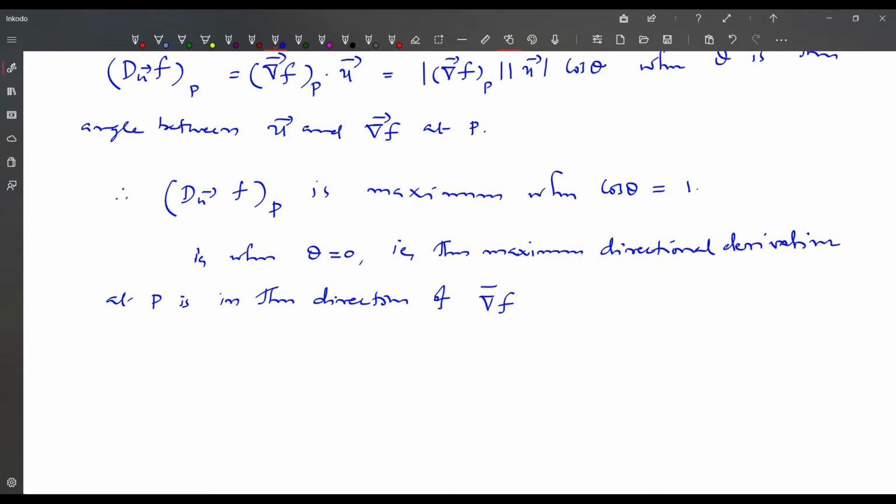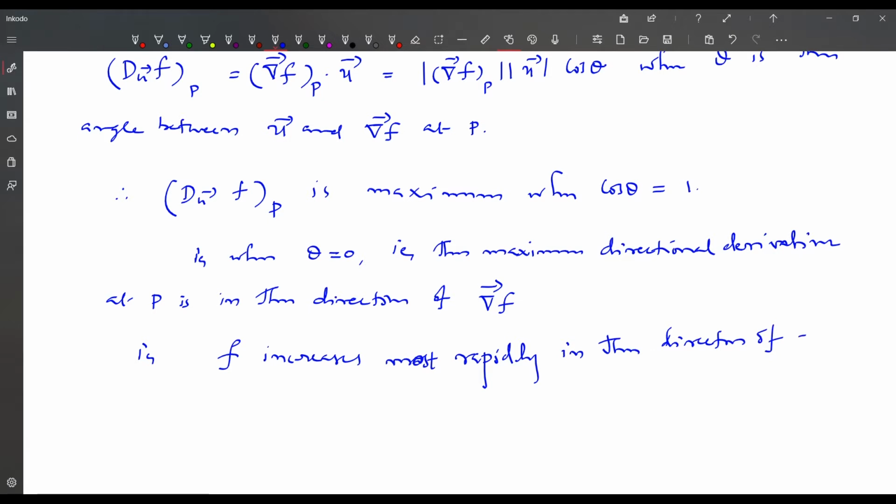That is, f increases most rapidly in the direction of del f at p.